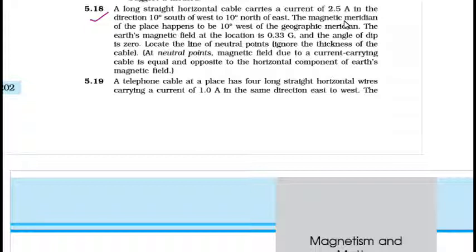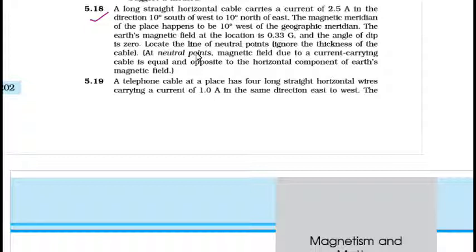The magnetic meridian of the place happens to be 10 degrees west of the geographic meridian. The Earth's magnetic field at the location is 0.33 G. The angle of dip is 0. Locate the line of neutral points. Ignore the thickness of the cable.